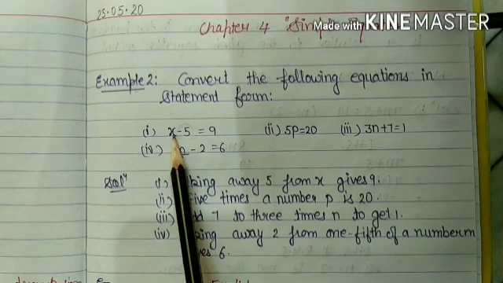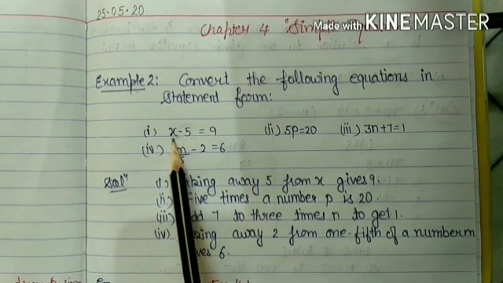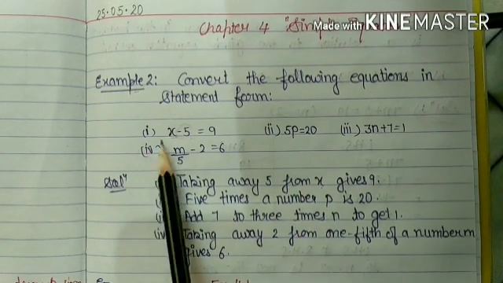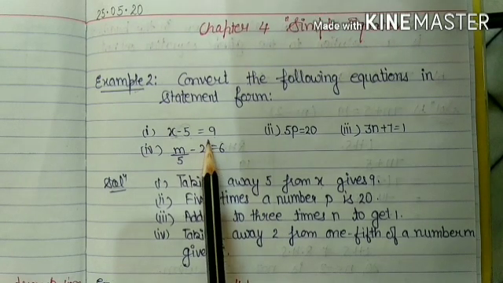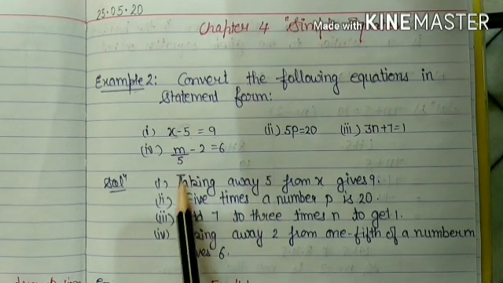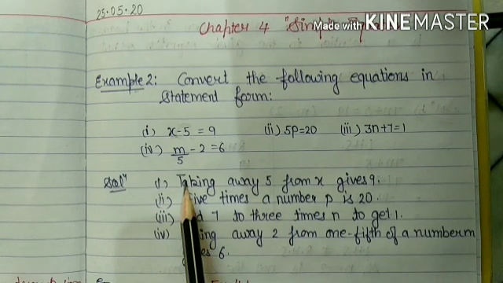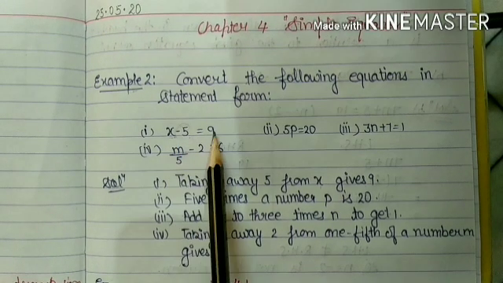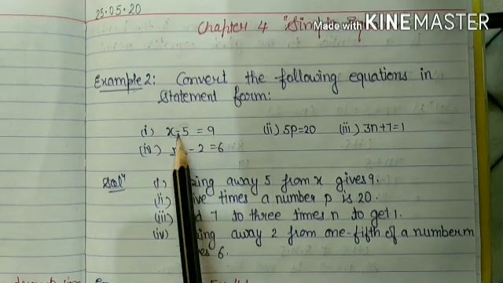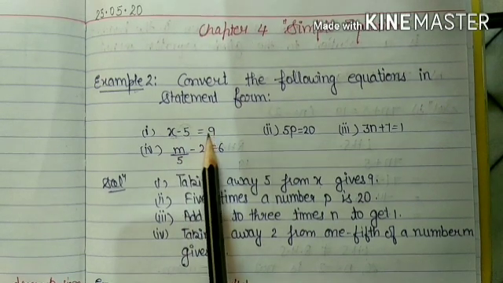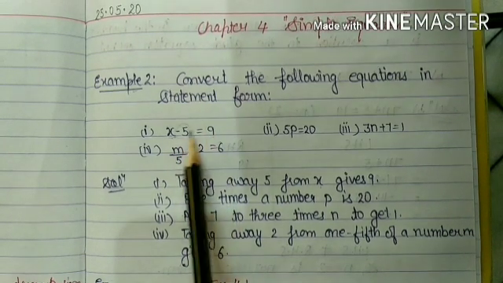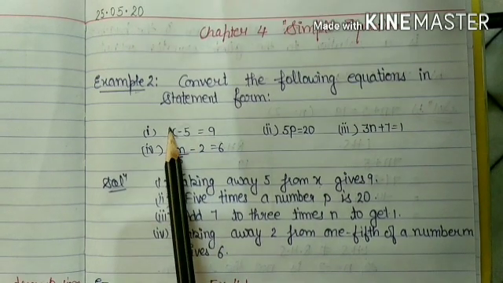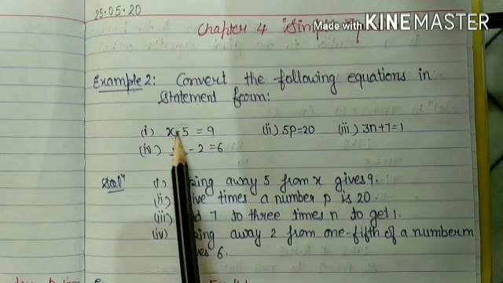Here, students, you can't change the variable. If it is using the variable X, you have to write X. The same thing you can say in a different way. If you want to say the number X is 5 more than 9, because it is comparing this side with the right side of the equality. If you are taking away 5, or you can say X is more than 9, how much more? 5.